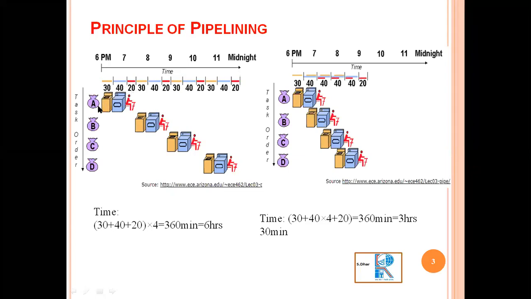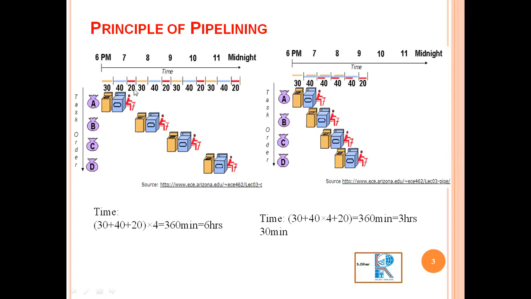Again I repeat, these are the 3 stages for washing the clothes. For completion, the total time required is 30 minutes for washing the clothes, the next 40 minutes it is dried, and the next 20 minutes it is folded. So for one set of clothes, the time required is 30 plus 40 plus 20.